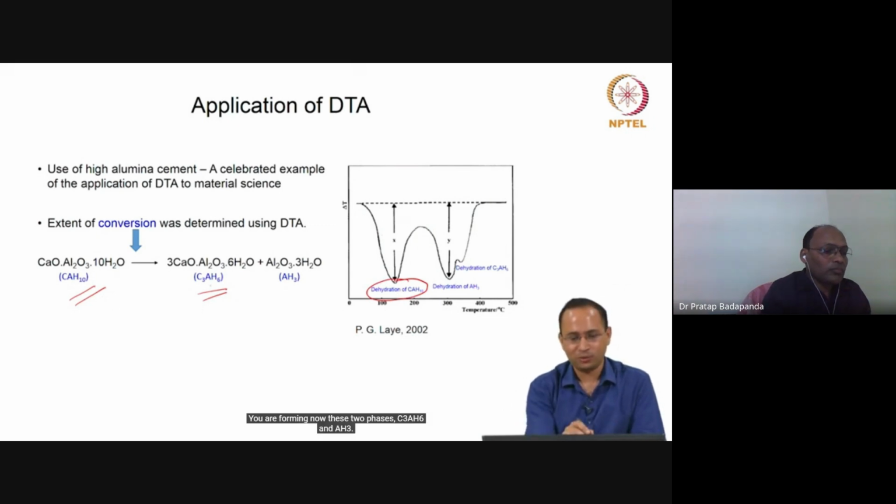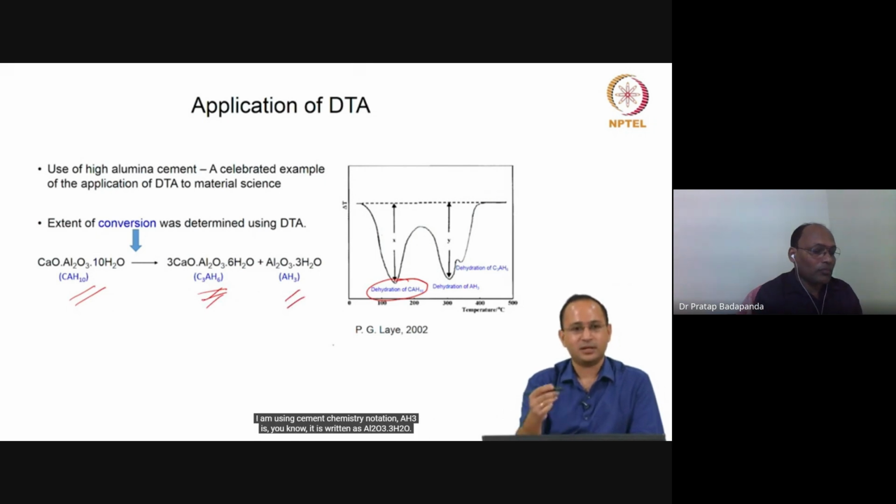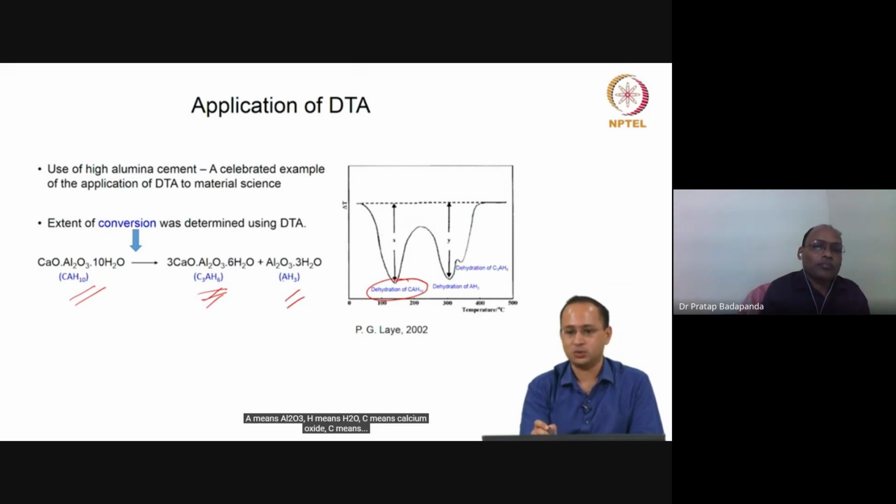You are forming now these two phases C3AS6 and AS3. I am using cement chemistry notation. AS3 is written as Al2O3 3H2O. A means Al2O3, H means H2O, C means calcium oxide. So now the second peak is due to dehydration of AS3. The third one is because of the dehydration of C3AS6.